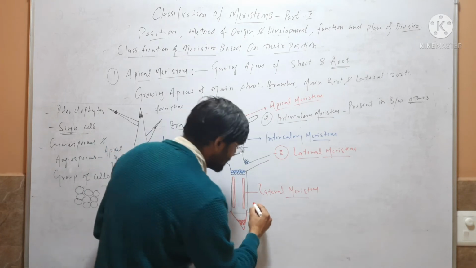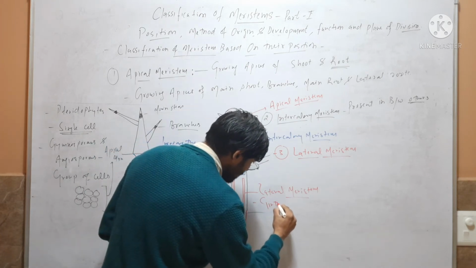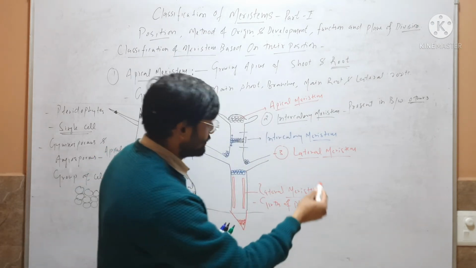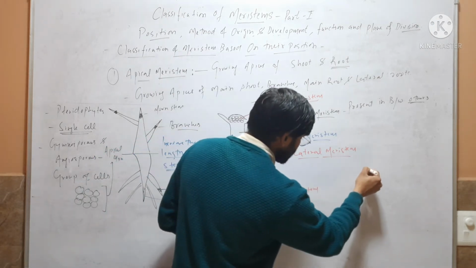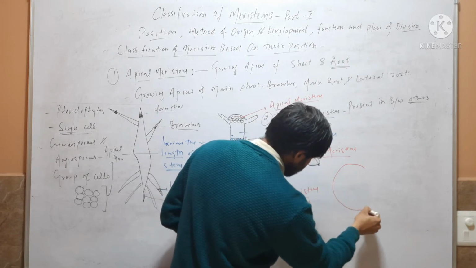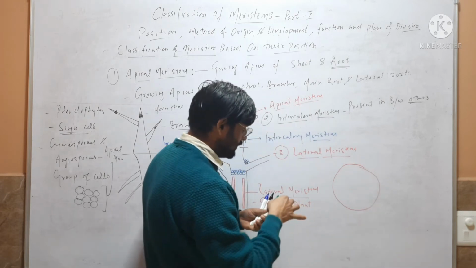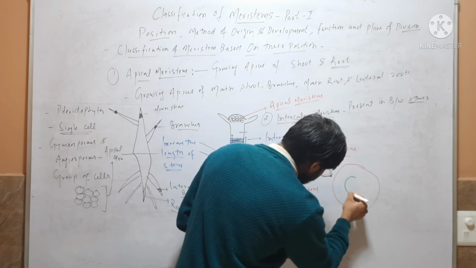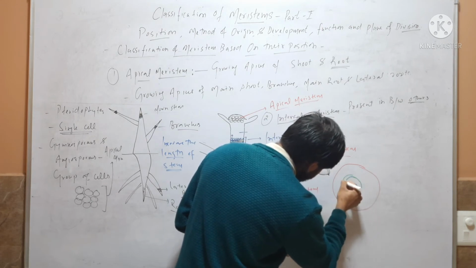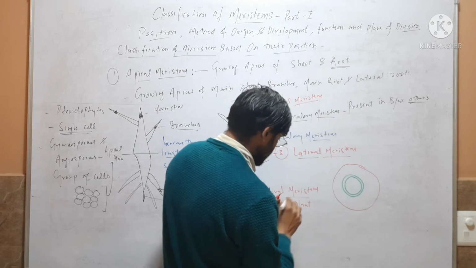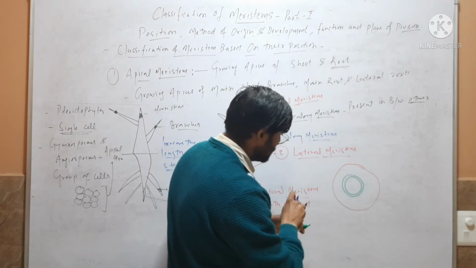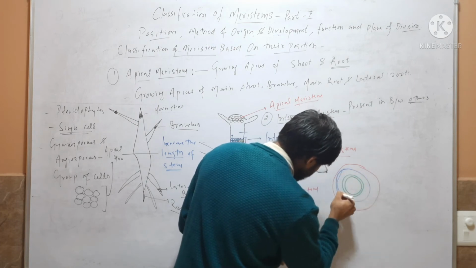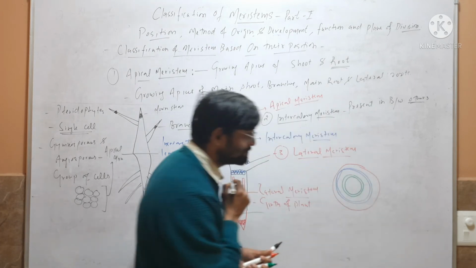This meristem increases the girth of the plant. When you cut a TS of a stem, suppose this is a TS of a stem, then you will find that there is a layer of cells, this and another layer, this layer, that is present laterally.